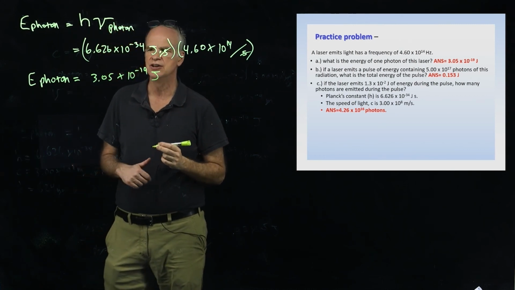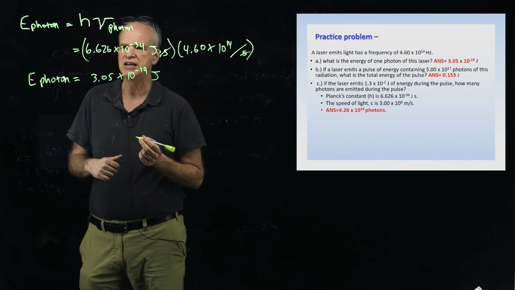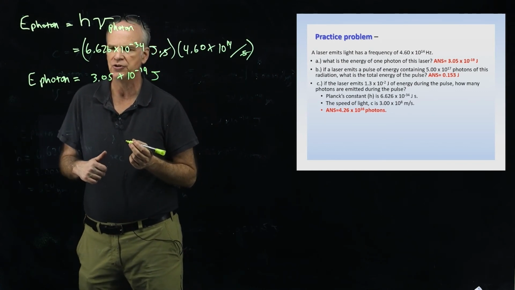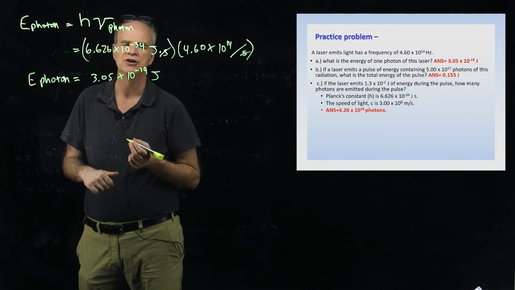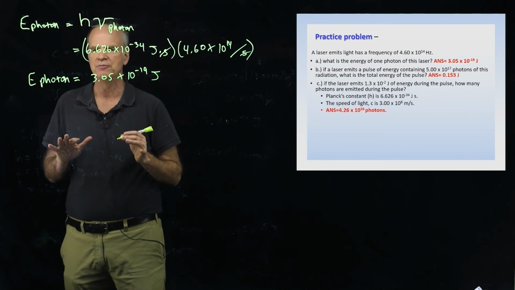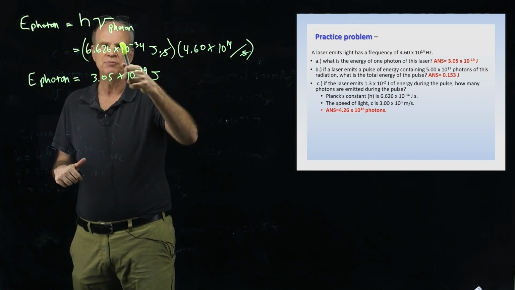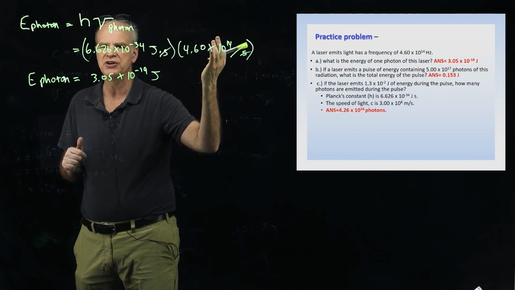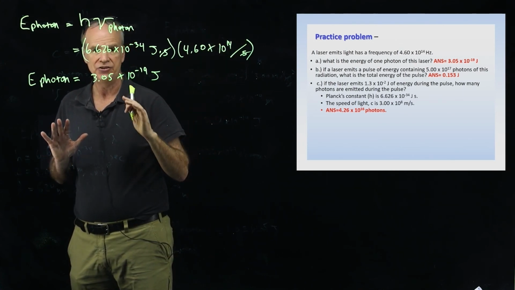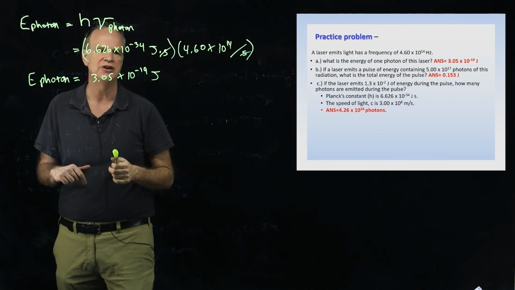Okay, the next question is, if a laser emits a pulse of energy containing 5.00 times 10 to the 17 photons of this radiation, what is the total energy of the pulse? That's not so bad. What we now know is that at this particular frequency of light, which was 4.60 times 10 to the 14 hertz, a single photon will have this amount of energy, which is 3.05 times 10 to the negative 19 joules.